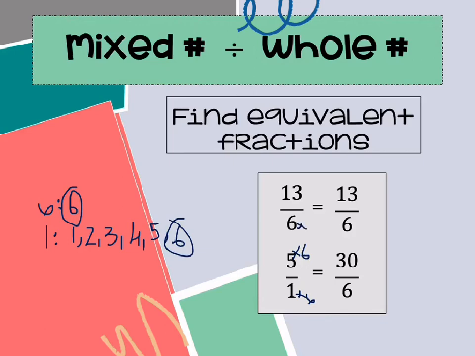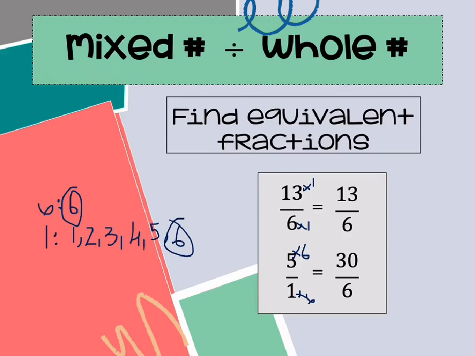Now we're going to go to 13/6. 6 times 1 is equal to 6. And 13 times 1 is equal to 13, because the rule is whatever you do to your denominator, you do it to your numerator, or whatever you do to your numerator, you do it to your denominator.